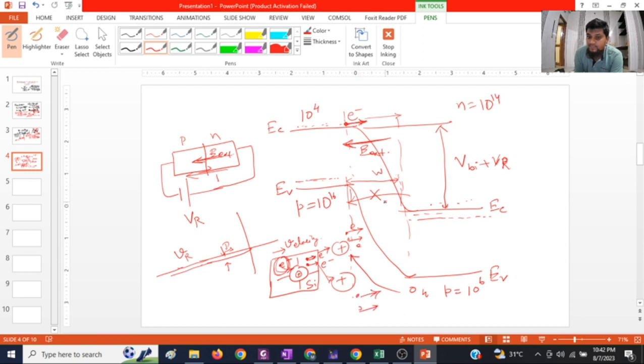Now it depends on the total width and the probability of impact ionization. Let's assume there were 10 to the 4 electrons accelerating towards this side. It is not that all these 10 to the power 4 electrons will do impact ionization. There is some particular probability.